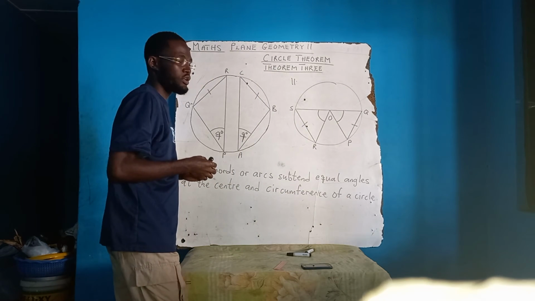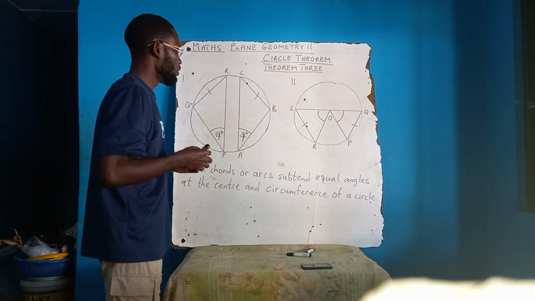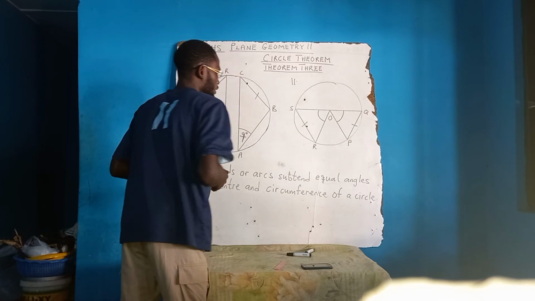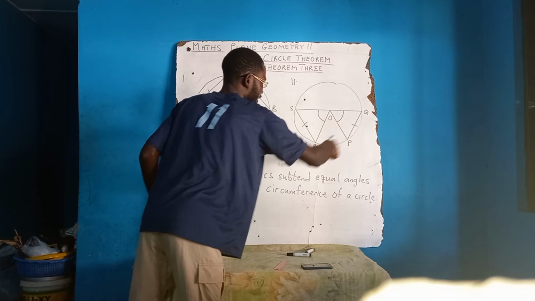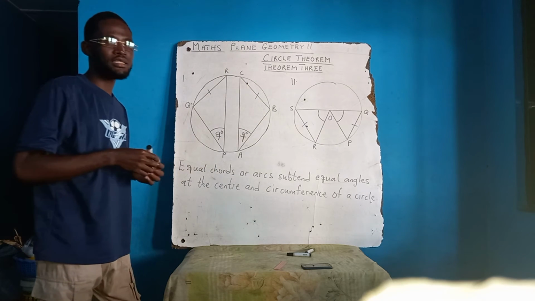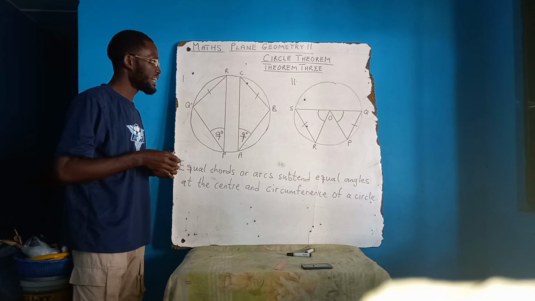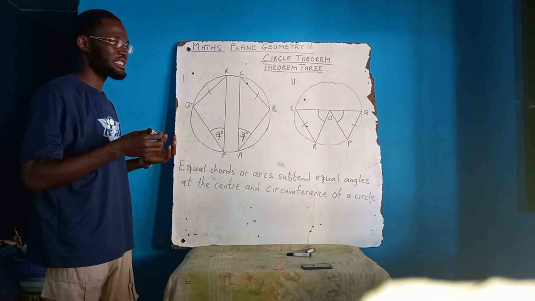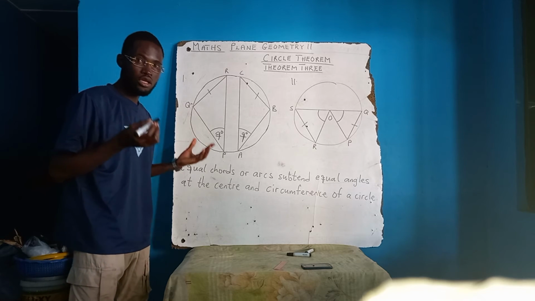We show that by marking chord SR and similarly chord PQ as depicted on the board. And for that matter, whichever angle is formed at each of the centers ought to be equal.